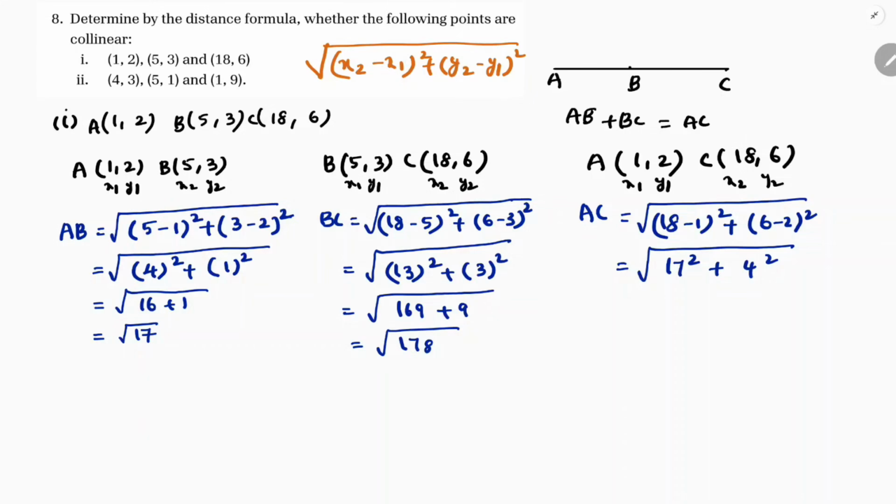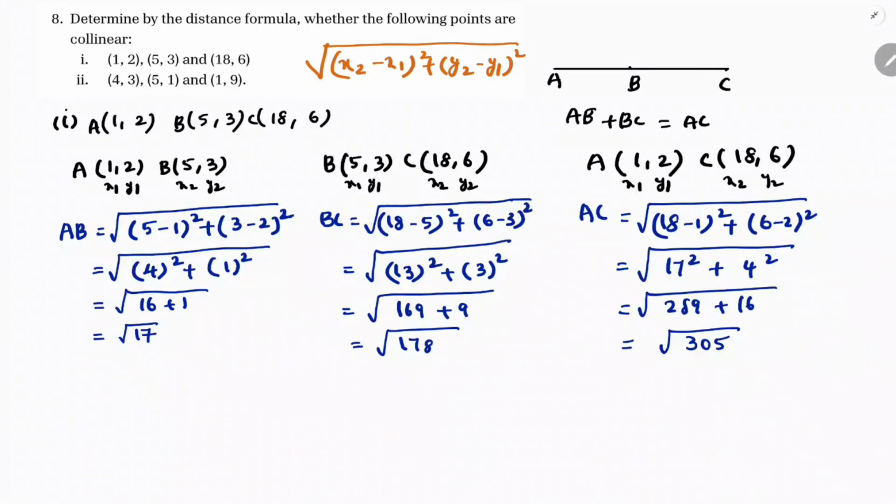So 17 square is 289, plus 16 will give you 305.